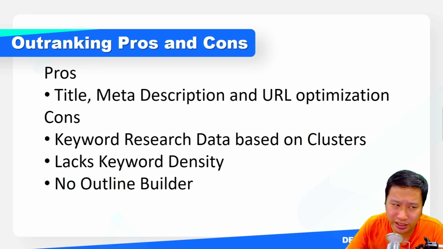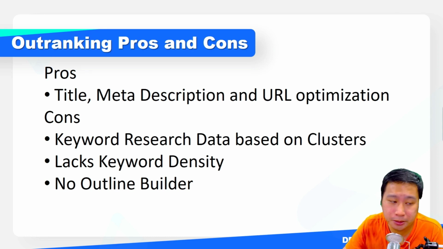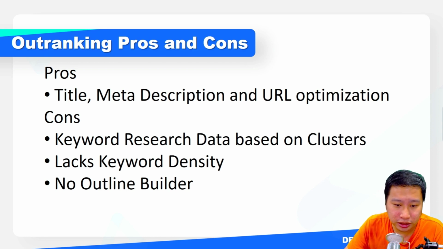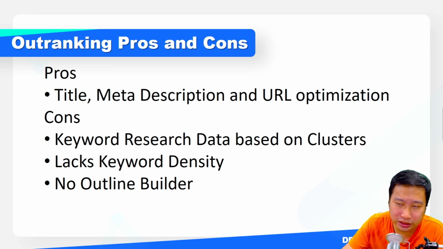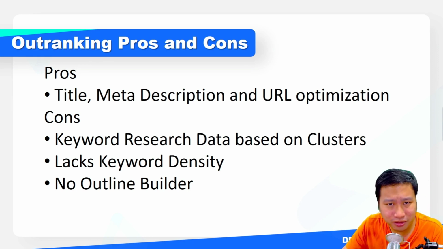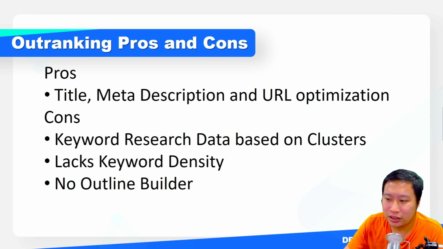So if you are writing from Outranking, the downside is that it takes a lot more effort to get started. But it's actually much better if you want to optimize your article itself, so I would say that Outranking could be slightly better in that sense. But at the same time, it lacks keyword density. So I kind of find it neither here nor there.